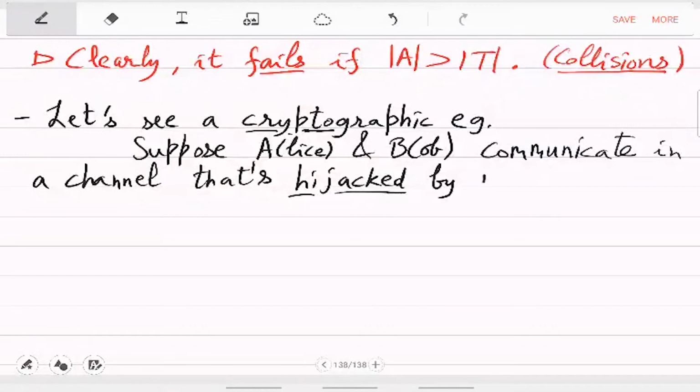Hijack means not only can E read what is being sent in the channel, but E can also replace that message by her own message.